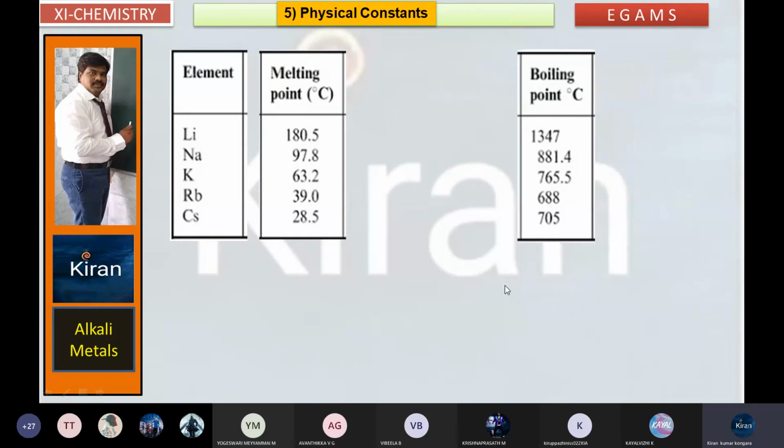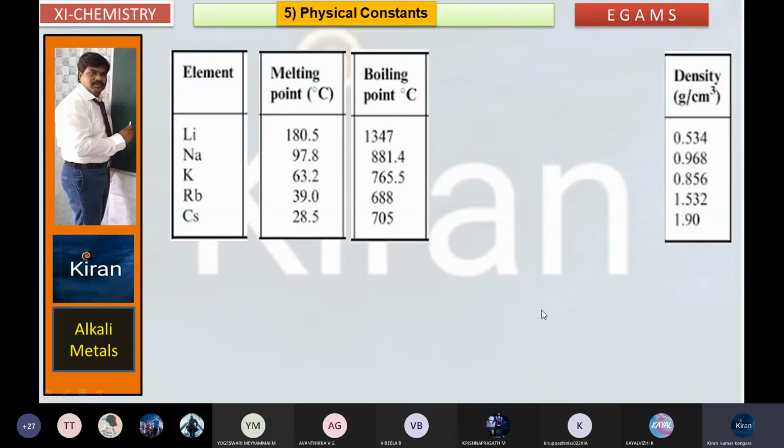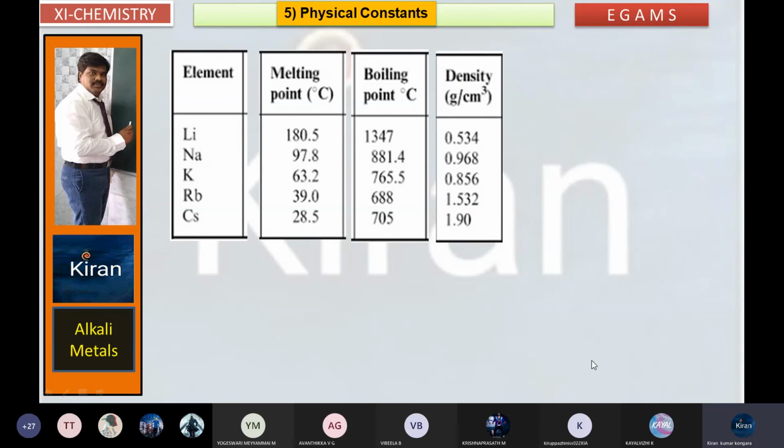Coming to the boiling point, the values 13, 8, 7, 6, 7 also decrease from top to bottom. Now a very important point: the densities gradually increase. Melting and boiling points are decreasing, while density is increasing.